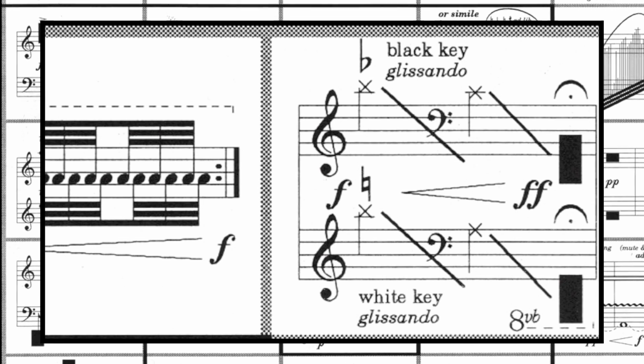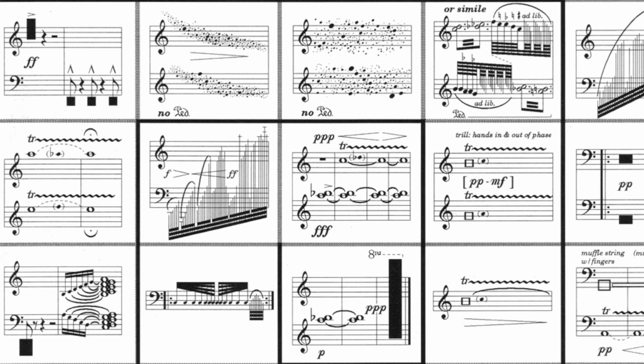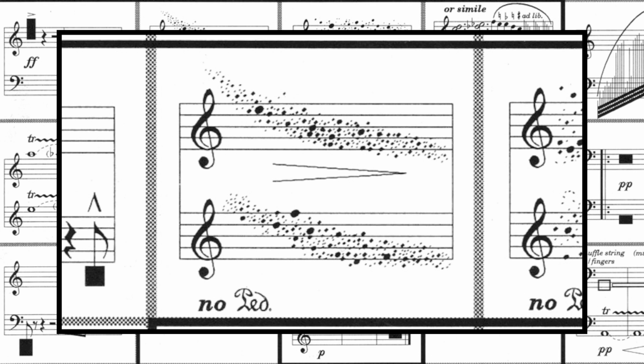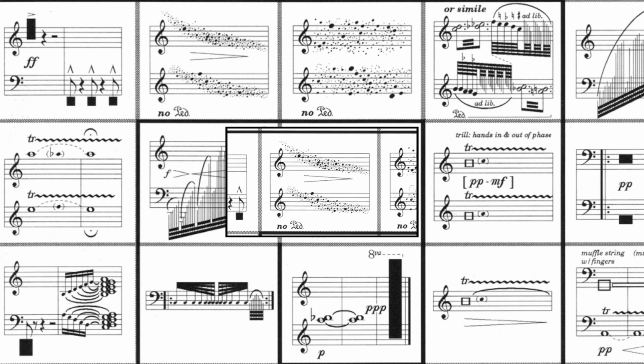A cell can contain notes in standard notation, graphic symbols, or a combination of the two. Sometimes the duration of the cell is notated in one of the corners, and a cell can contain smaller cells within the larger one.